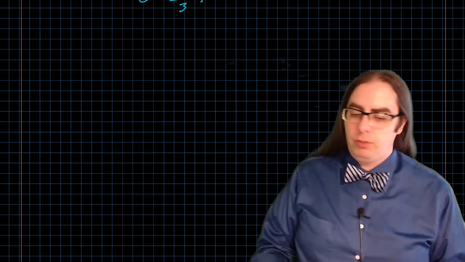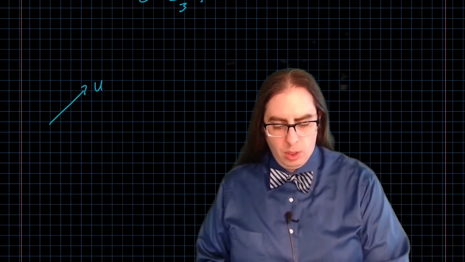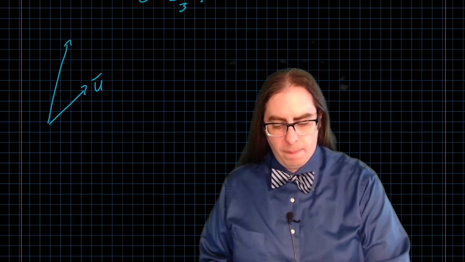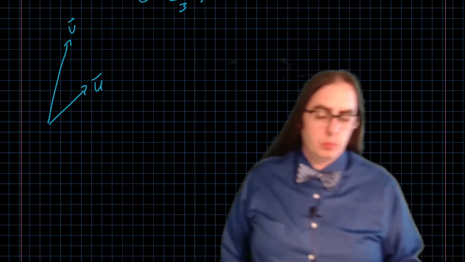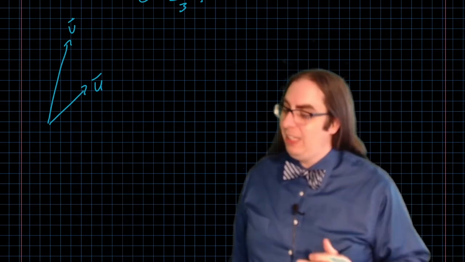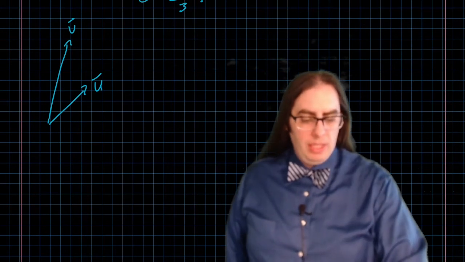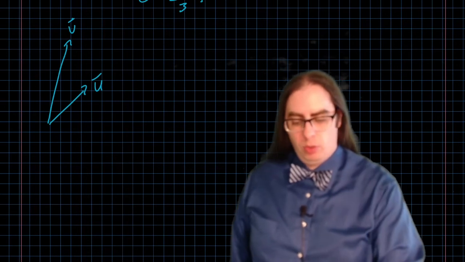So if we have two vectors, vector u and vector v like this, one of the things that I can do, given any two vectors, is break another vector into components.